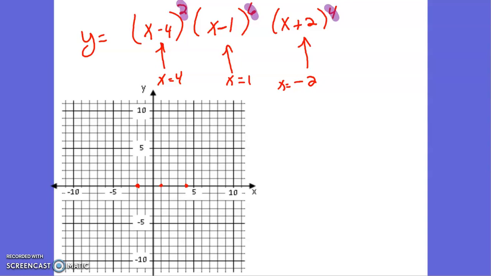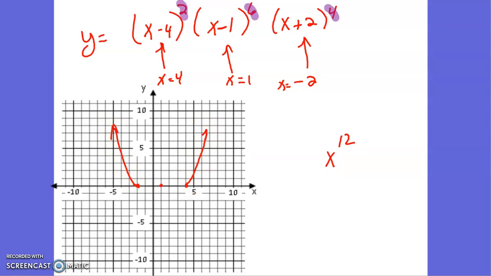And notice this is going to be x to the 12th power. So if you did multiply all that out, it would be x to the 12th power. And that means the end behaviors are both going to look like this.